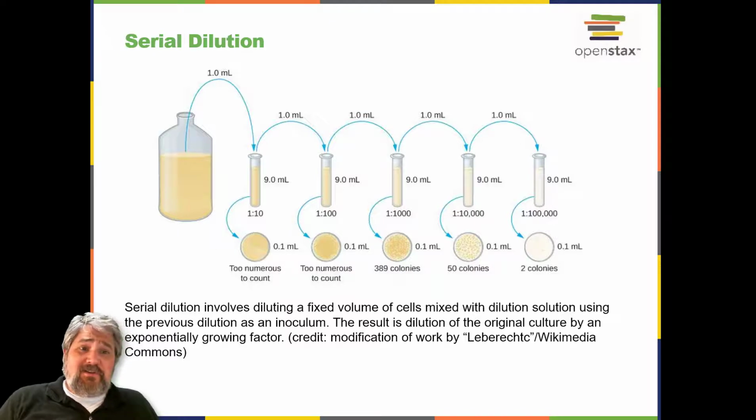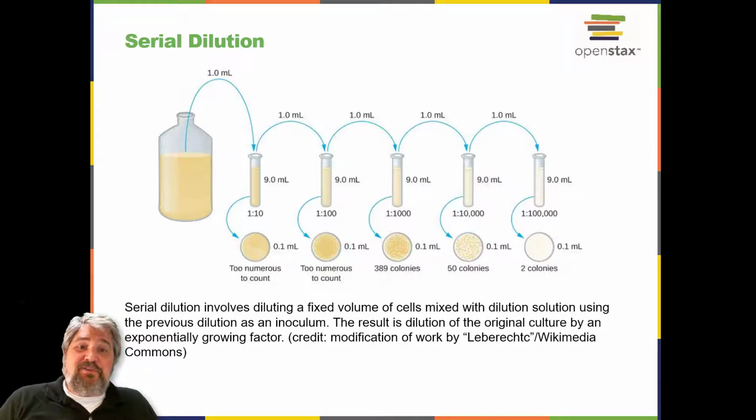This figure illustrates the serial dilution method. A fixed volume of the original culture, 1 ml, is added to and thoroughly mixed with the first dilution tube solution, which contains 9 ml of sterile broth. This step represents a dilution factor of 10, or 1 to 10, compared with the original culture.